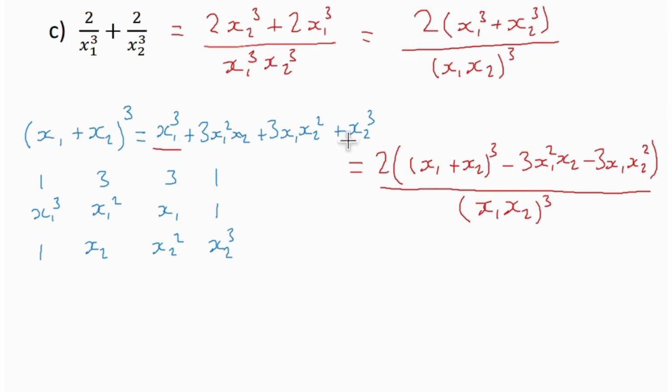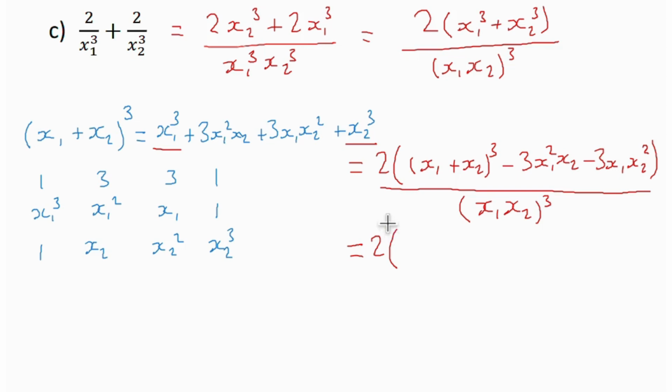That is relying on the fact that this is equal to x1³ + x2³, and taking this away from both sides, I can make a substitution in. Now I've got a sum here and a product here, but these ones don't quite work. I'm going to factorize them out a little bit further.